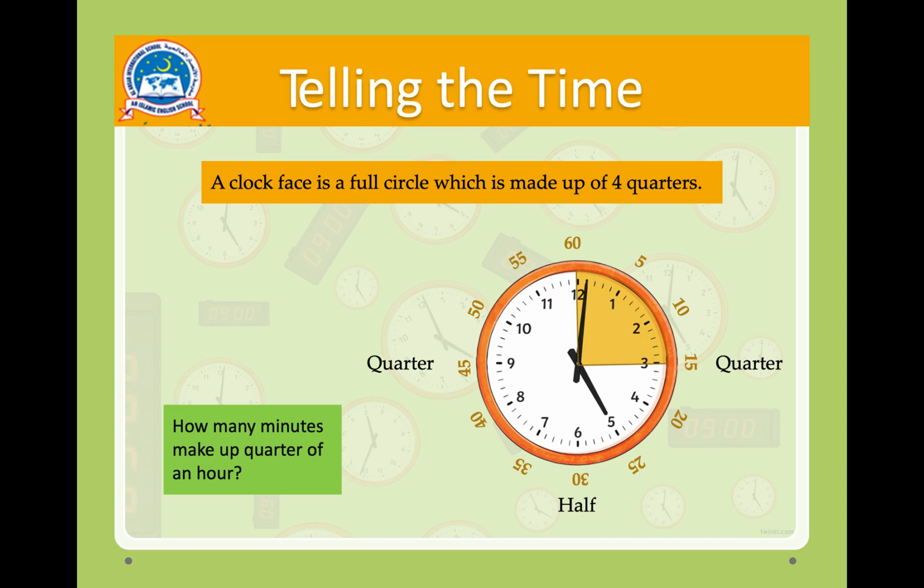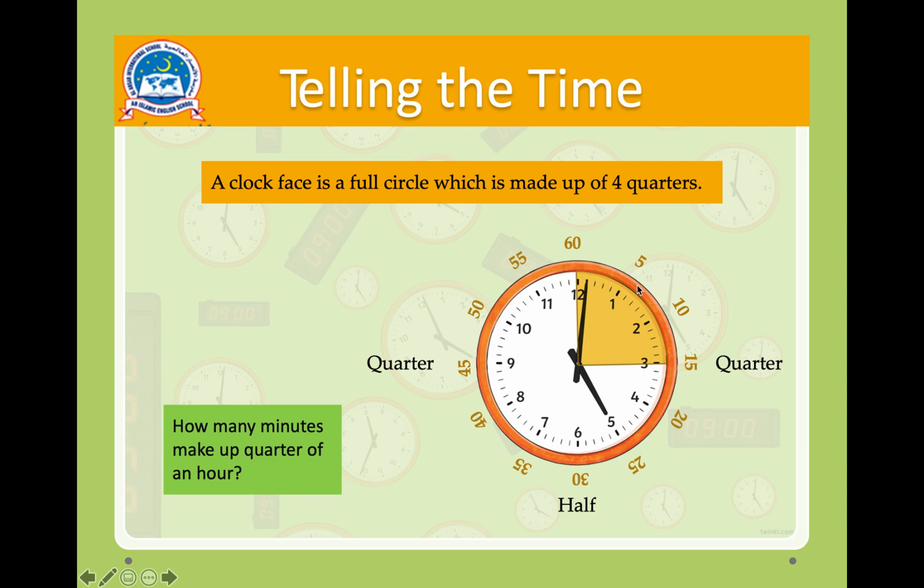Here we're going to tell the time. Now, when we're telling the time, a clock face is a full circle which is made up of 4 quarters. So what this means is we can break up our circle into 4 equal parts. We have 1 quarter over here and each quarter is 15 minutes.